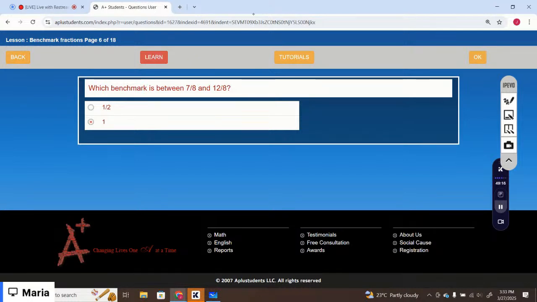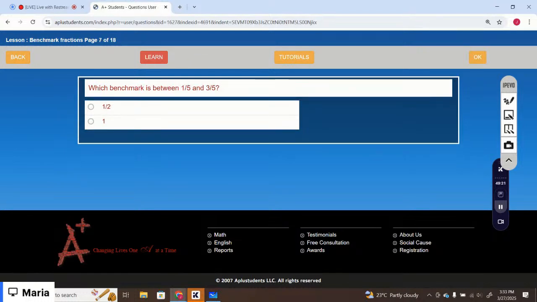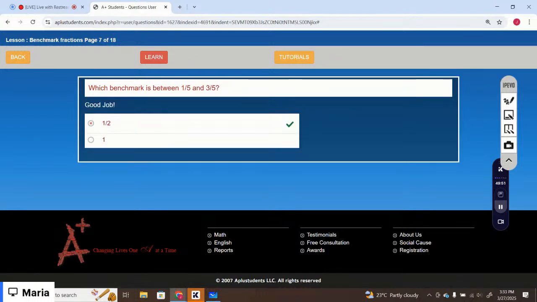That is 1. Option number 2 is the correct option. That is 1 over 2. Option number 1 is the correct option.